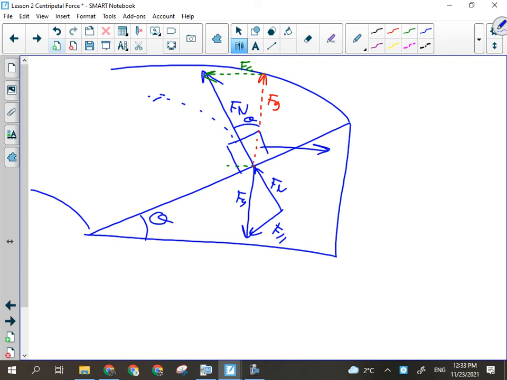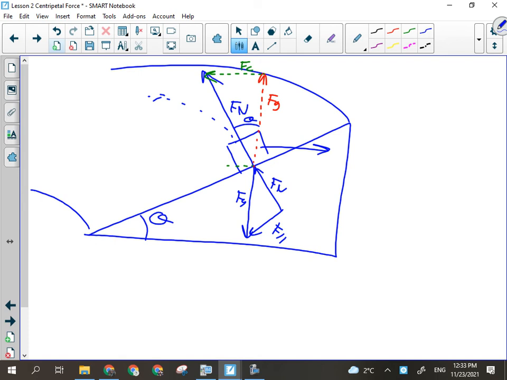And the more I bank it, the more centripetal force I get. So, obviously in NASCAR, the purpose of banking the corners is to make them be able to take the corners faster. For civilian use, the purpose of a banked curve is to produce a curve that is safe no matter what the road conditions are.